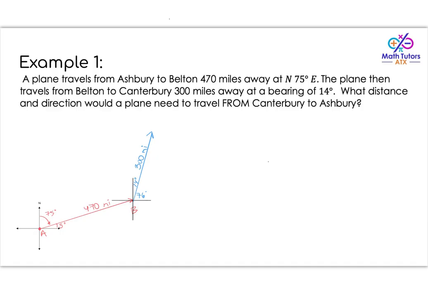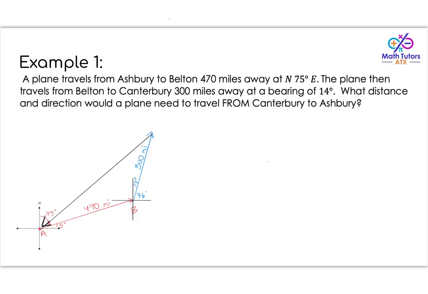So if I were looking at a regular resultant of just A plus B, I would go from my starting to my ending and go this way, right? But it says I want Canterbury to Ashbury, so I actually want to travel backwards. All right.